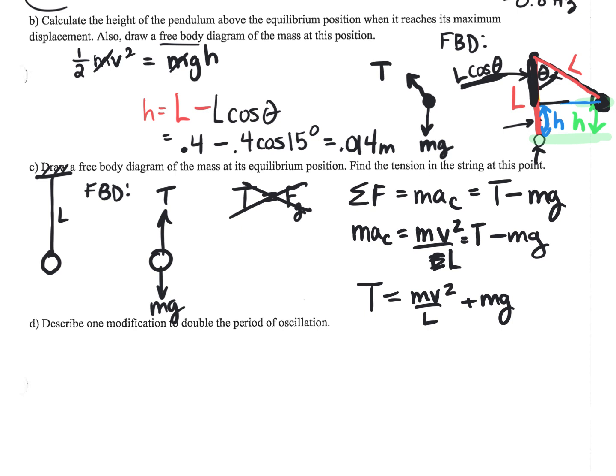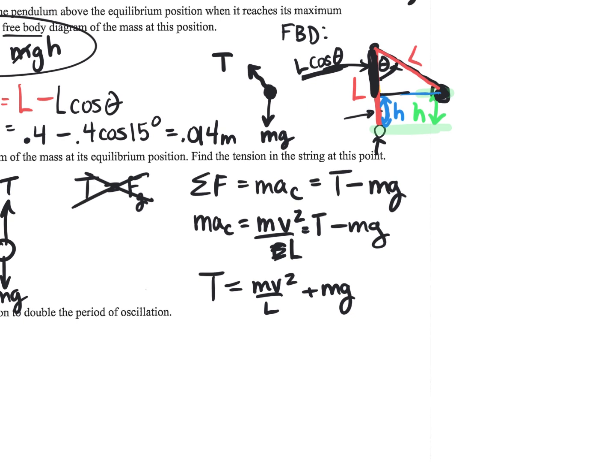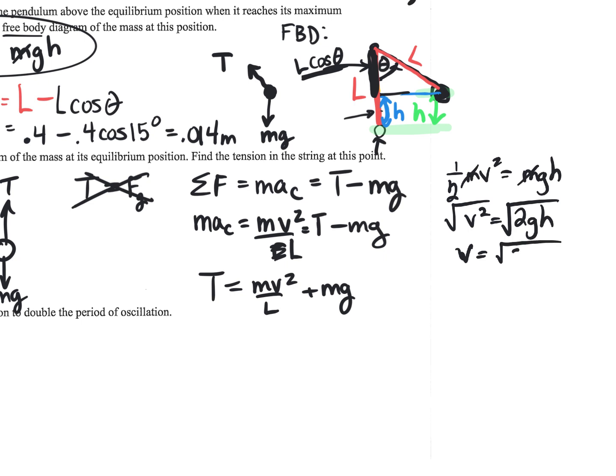So now what do we have to figure out? Do we know V? We're at that problem where we don't know V again. But guess what? We can find V here, can't we? So let's go ahead and find V. We knew that 1/2 mv squared is equal to mgh, don't we? M goes away. So V squared is 2gh. Take the square root. So the velocity is the square root of 2gh.